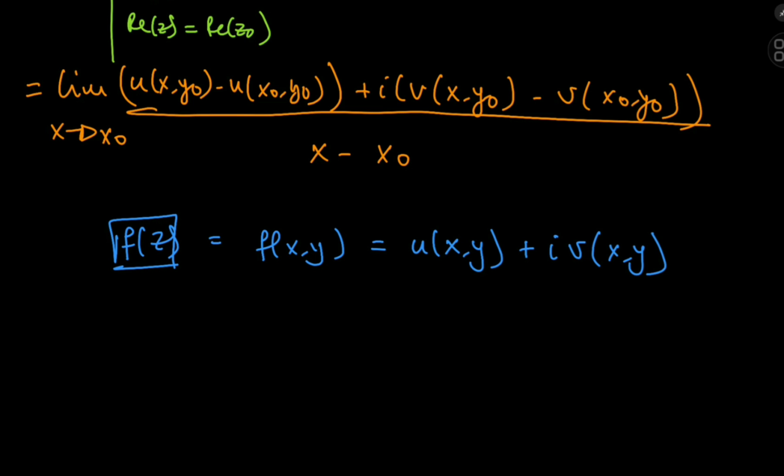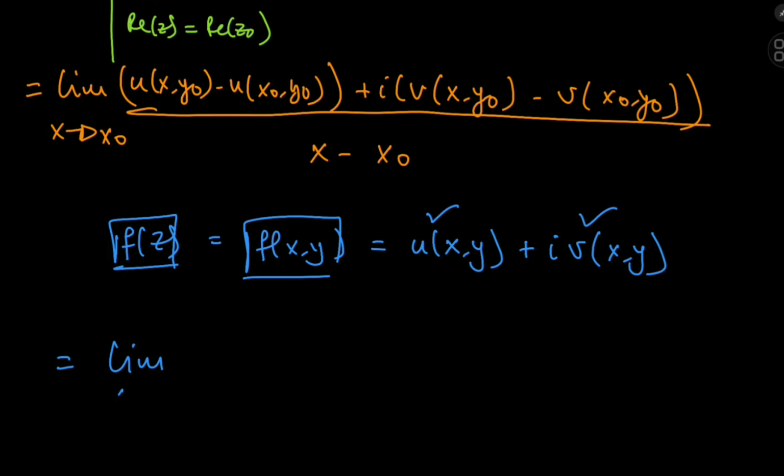And because we assumed f to be analytic, that means it's nice and differentiable. That means the real and imaginary parts need to be differentiable as well. So I can invoke the linearity of the limit operator because the two limits formed exist.